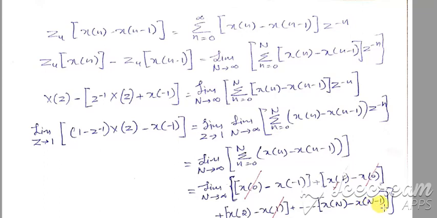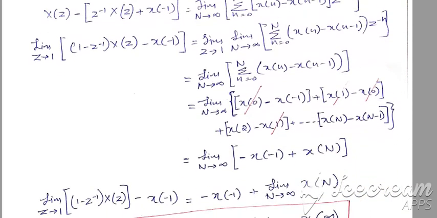Now here we can see that x[0] will cancel out with this minus x[0], x[1] will cancel out with this, and in this way only two terms will be left, that is limit n tends to infinity of minus x[minus 1] plus x[n].